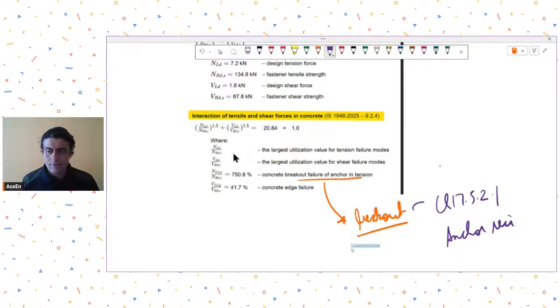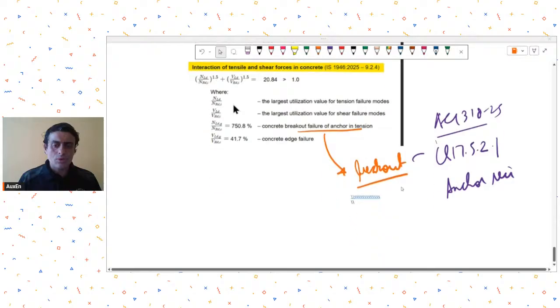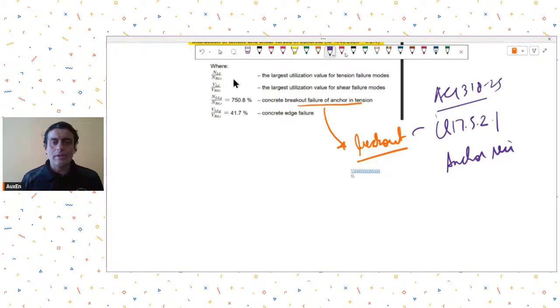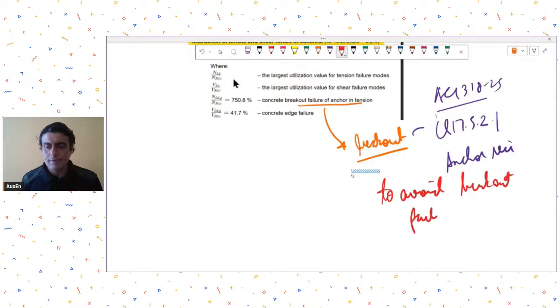This is in ACI 318-25 chapter 17. Your code allows you to provide anchor reinforcements to avoid the breakout failures. So if you are providing those anchor reinforcements, then you need not check for the breakout effects in your calculation.